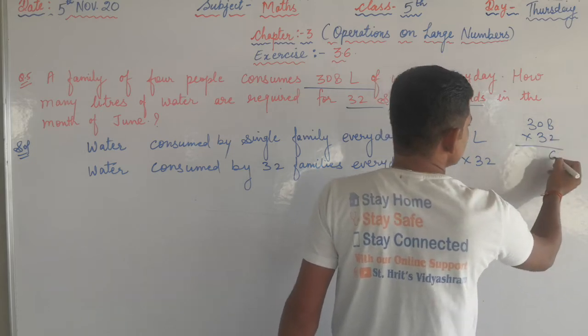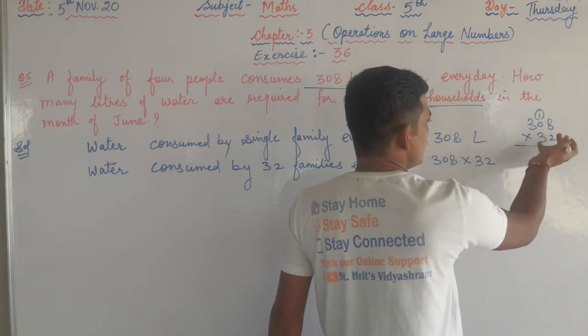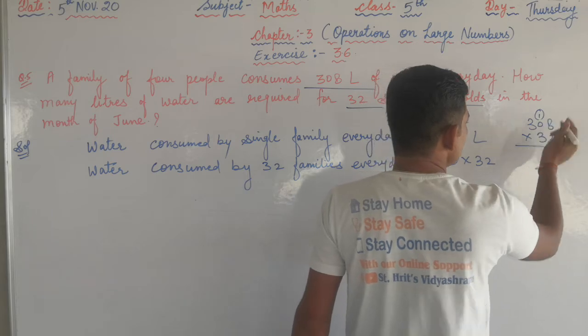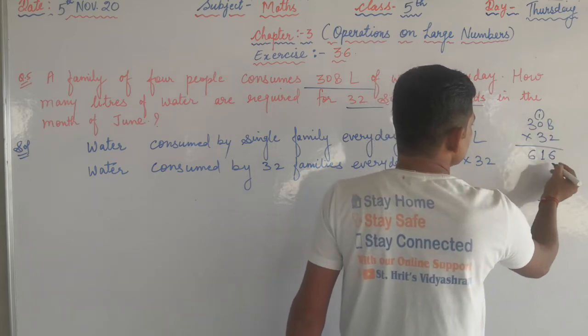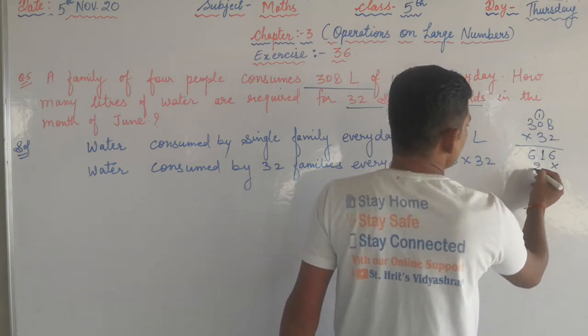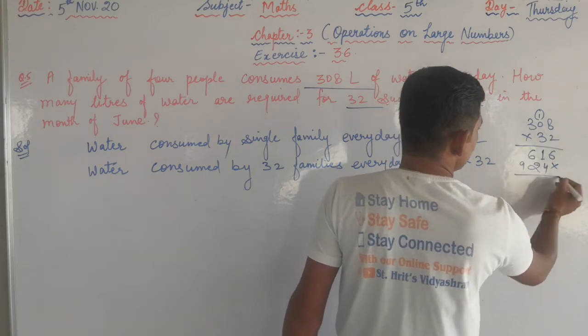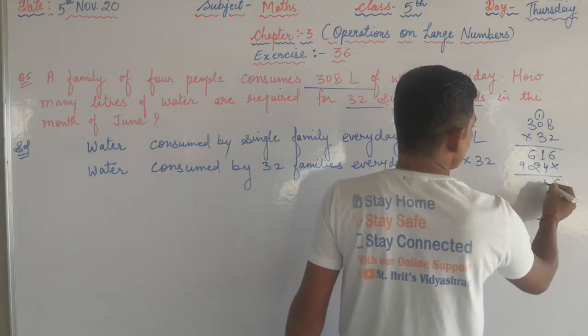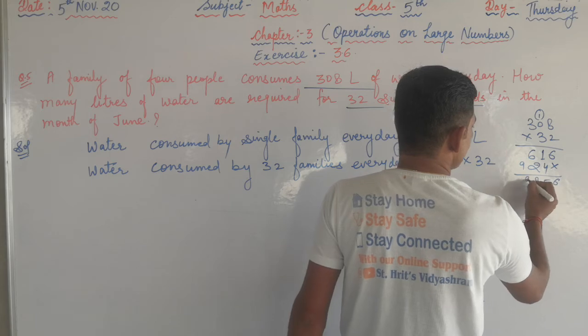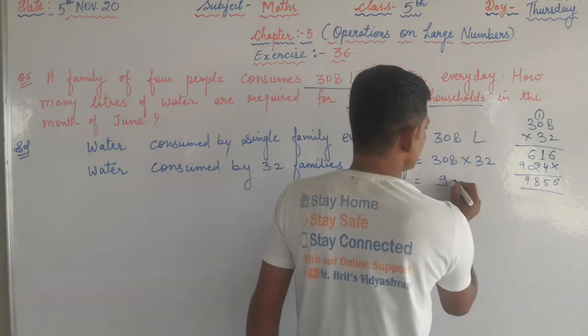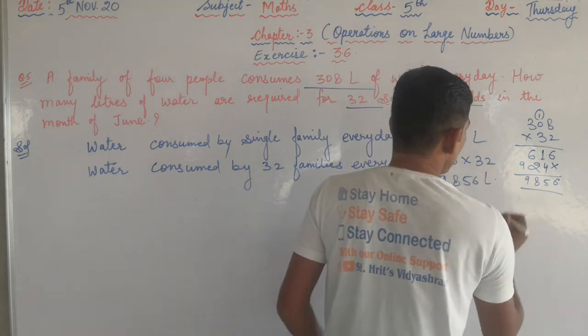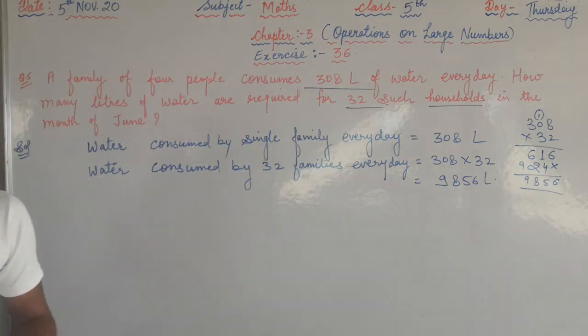8 twos are 16, 6 carry 1. When you multiply 2 with 0, you get 0, 0 plus 1 is 1, 3 twos are 6. Now 8 threes are 24, 3 threes are 9. Here you have to simply add: 4 plus 1 is 5, 6 plus 2 is 8, 9. 9,856 liters of water consumed by 32 families every day.